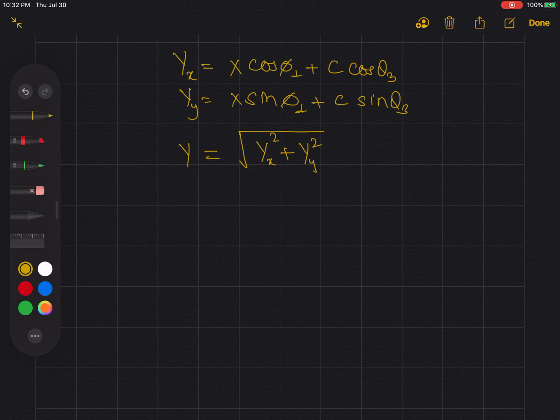And the angle, again the same. Let j be the angle made by this vector y with respect to the x-axis.